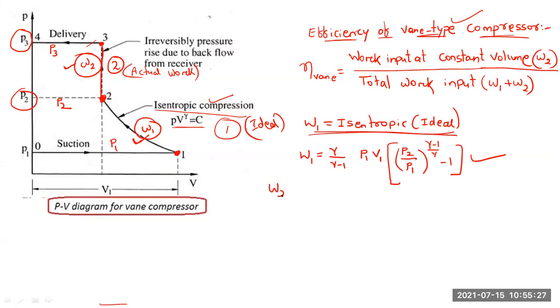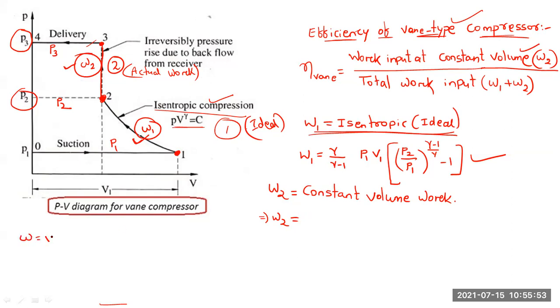Now what is W2? W2 is the constant volume work. Here I have mentioned work done at constant volume. Now what is the formula of W2? At constant volume the formula is the same.